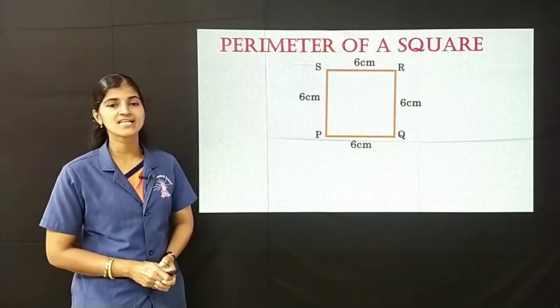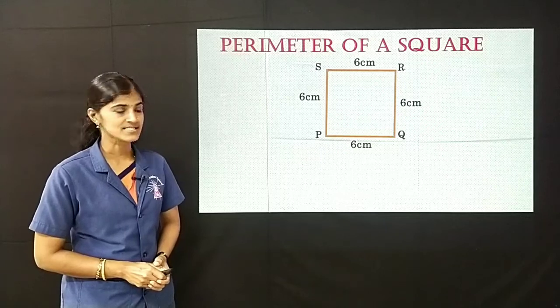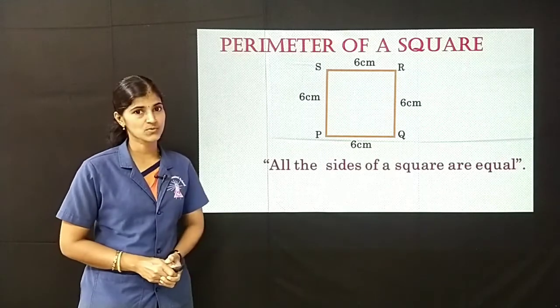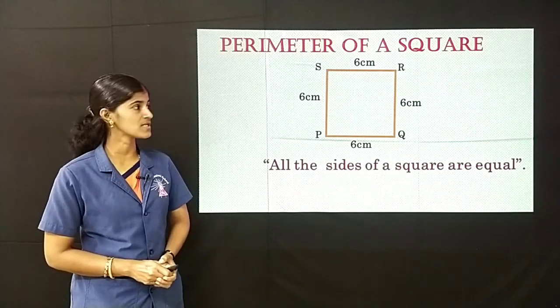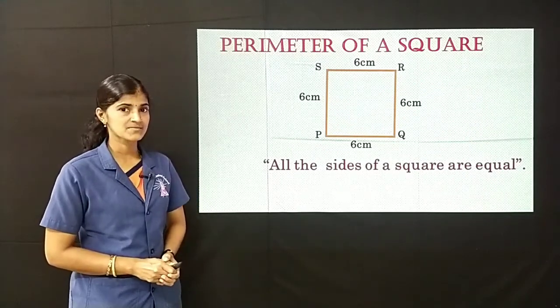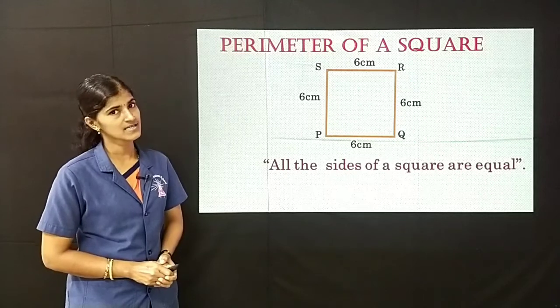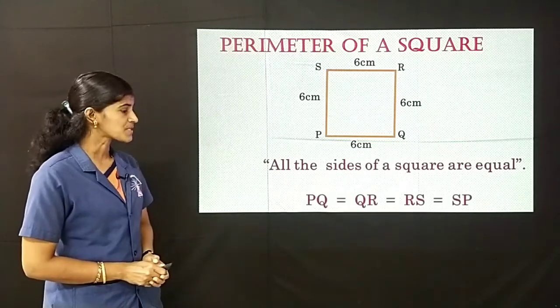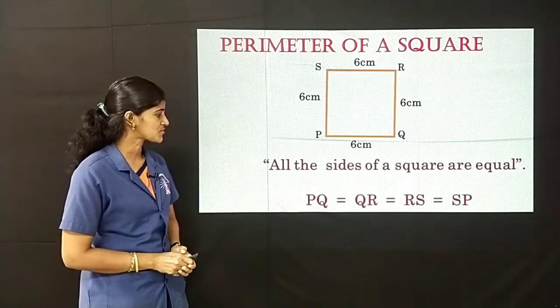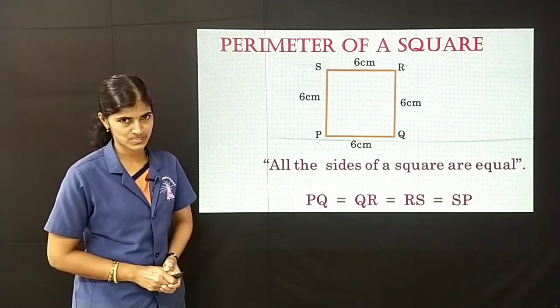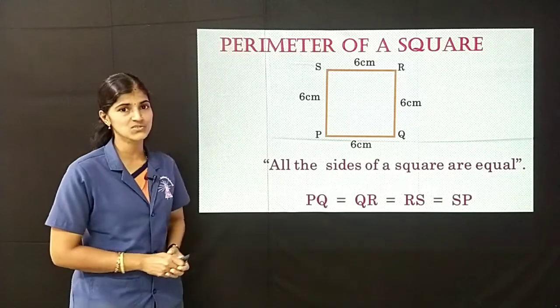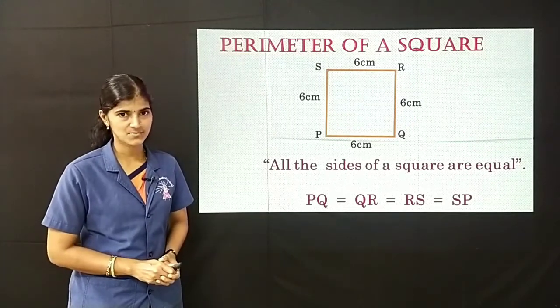So what is the speciality of a square? Yes, all the sides of a square are equal. It has 4 sides, that means all the 4 sides are equal. So PQ is equal to QR, which is equal to RS and which is equal to SP. So all the sides in the given square are 6 centimeter.